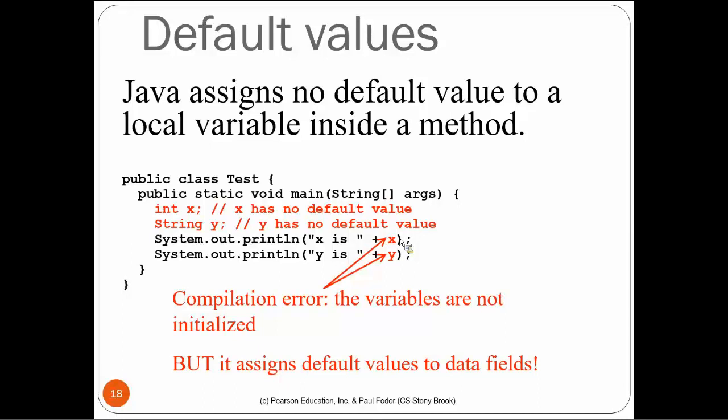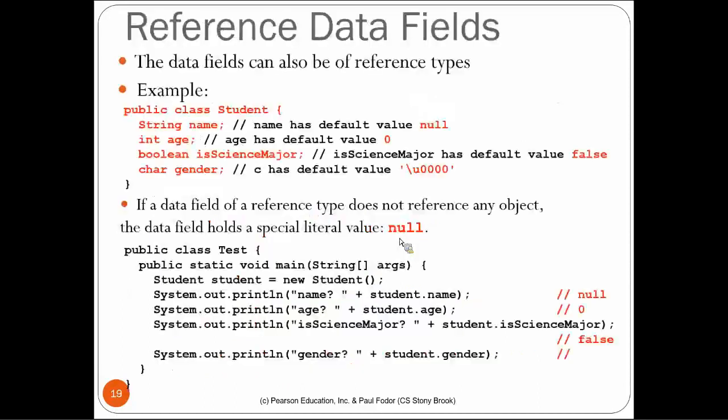Similarly for strings, we have to assign a value before we can use it in an expression and so on. But Java assigns default values to data fields.